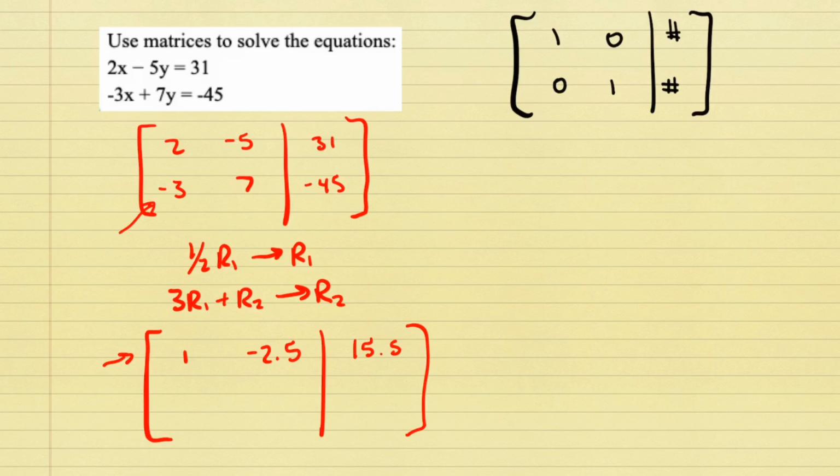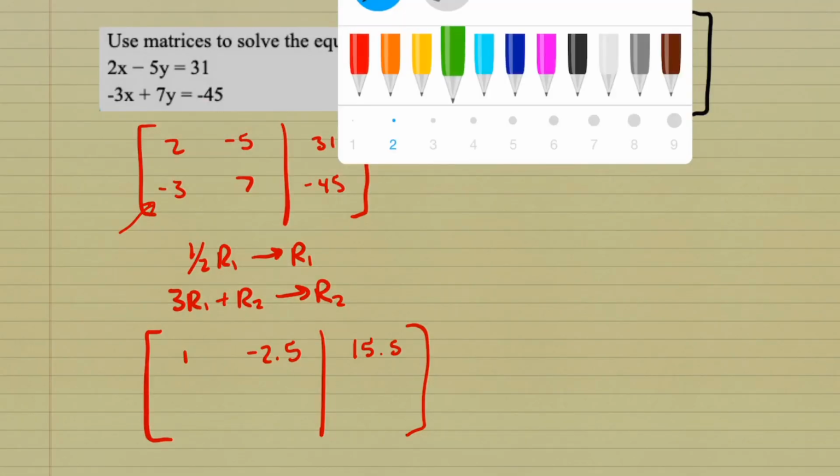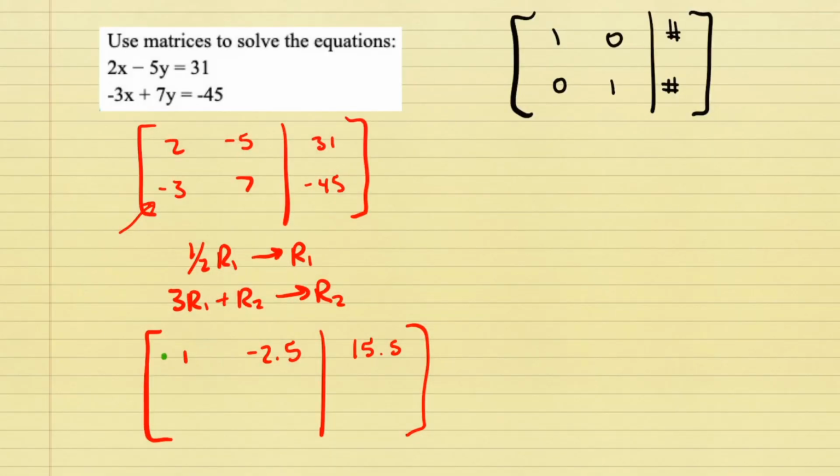So watch how this works. I'm taking this times 3 and then adding it to this one. 3 times 1 is 3. Add it to negative 3, I get 0. Perfect. That's what I want because I'm replacing row 2.